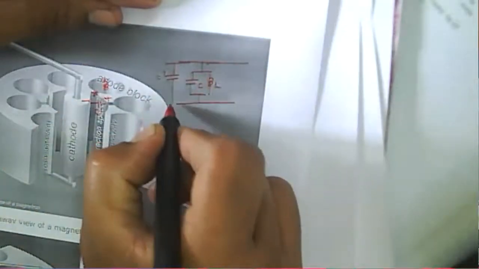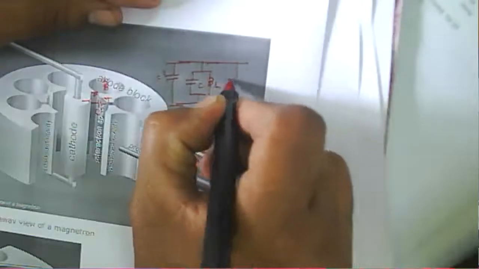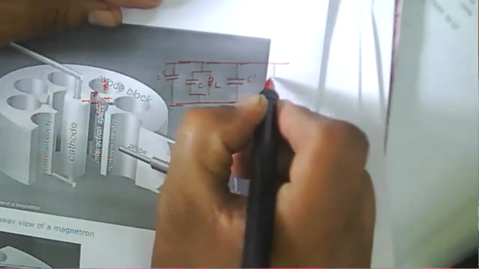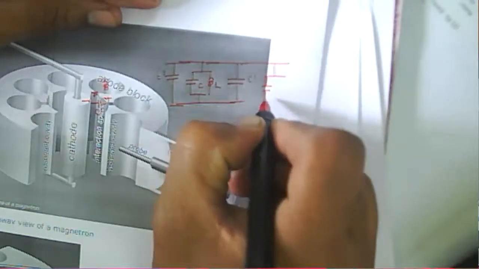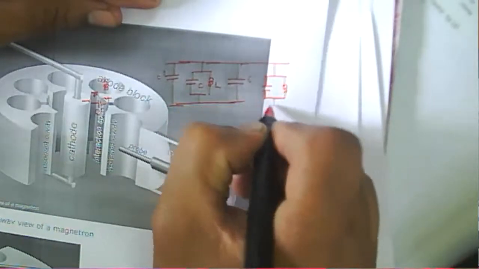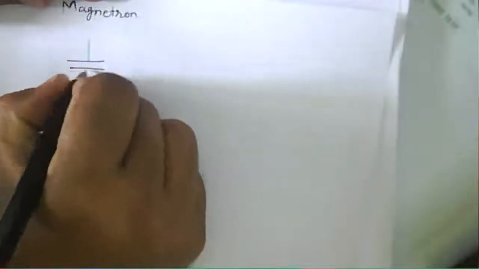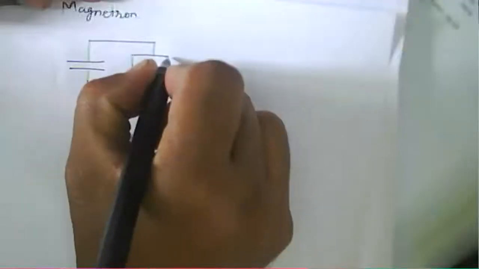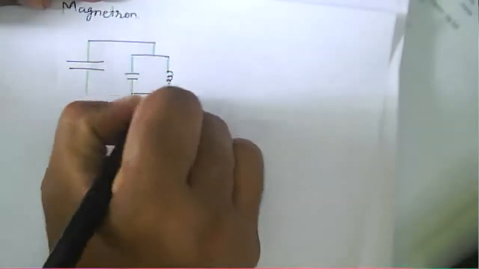So this C dash is parallel to the tuned circuit we have, consisting of capacitance and inductor. These are the equivalent circuits of the magnetron. Generally we say we have a capacitance from the cathode, and it is a tuned circuit.